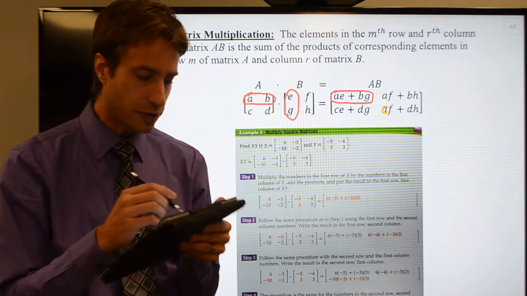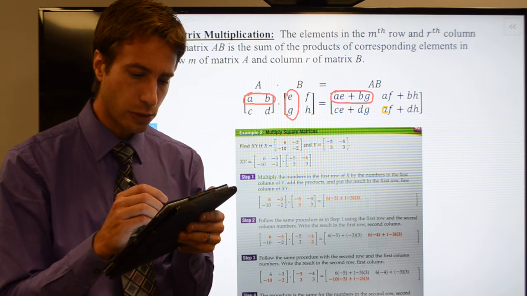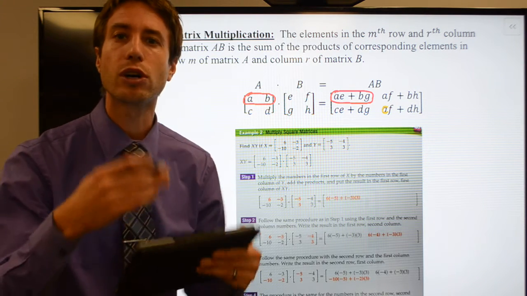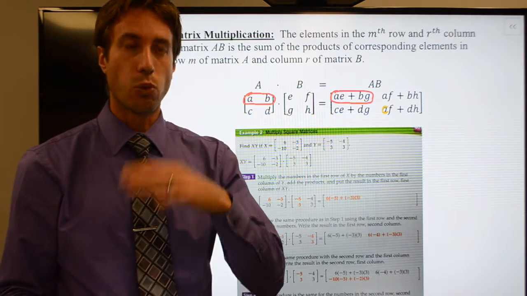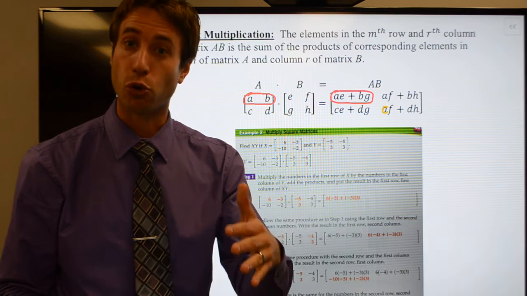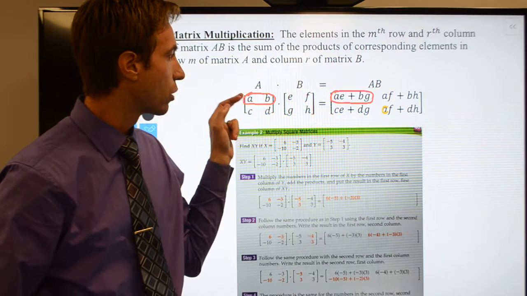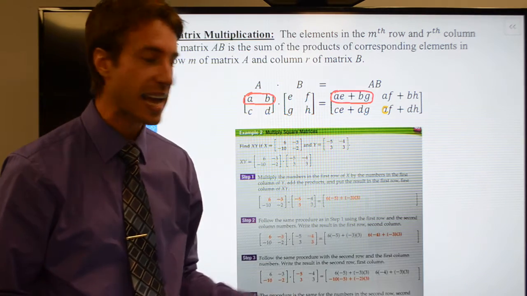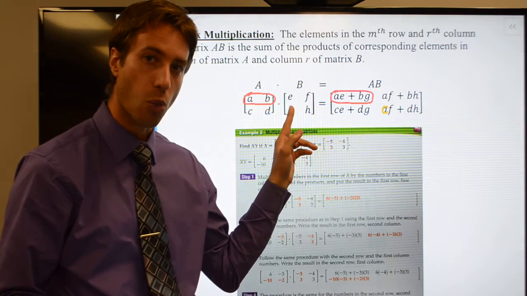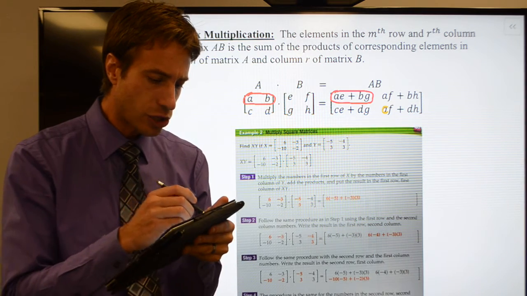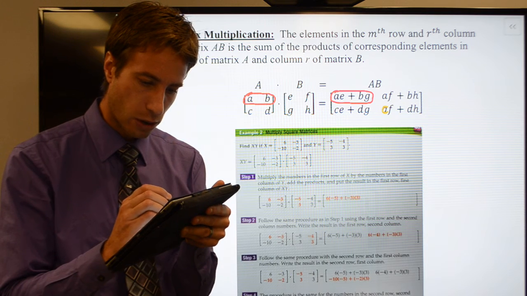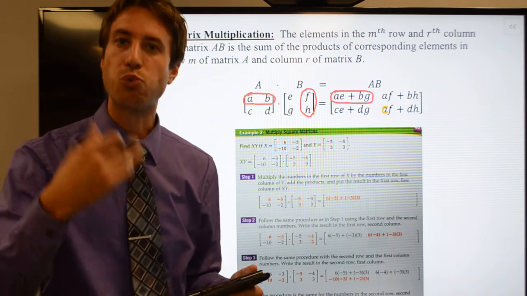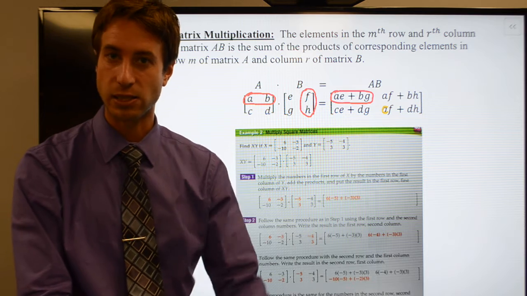Okay, once you've done that one, what do you do? Well, I would work through this in a logical progression. Since I'm taking row 1 of matrix A and I already did column 1 of matrix B, let's just jump to column 2 and repeat the same process.